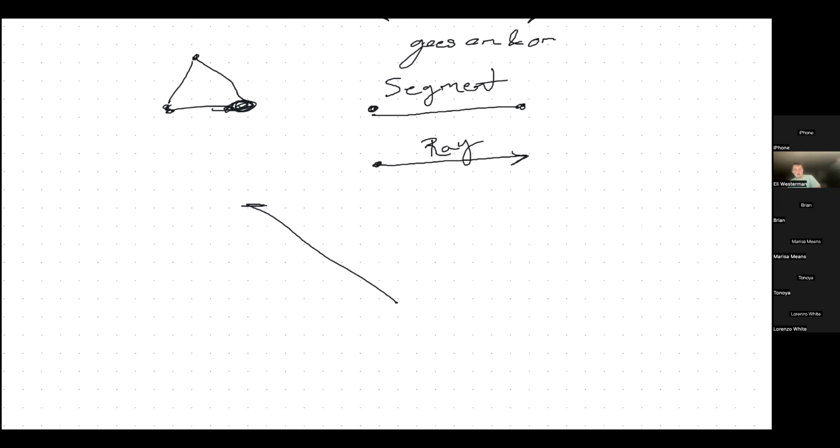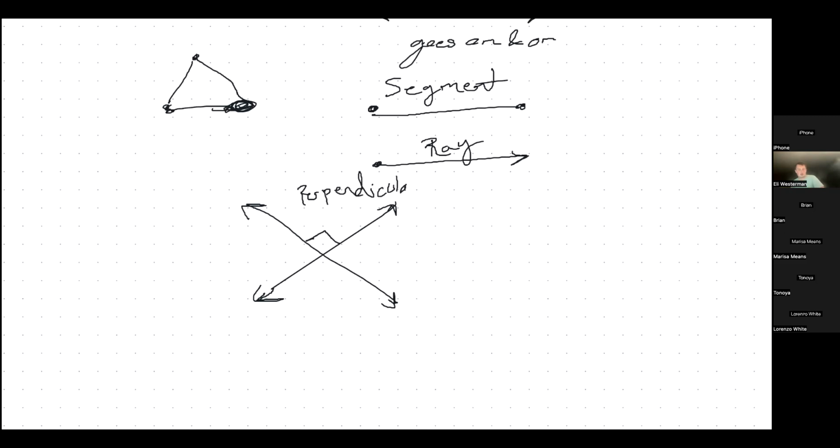Good. Now, when we have two lines and they come together, they're called intersecting lines. We're going to talk about these in a little bit, like how their angles work. But I want to show you one special one. When they have a little square right there, it means they are perpendicular. Funny big word.